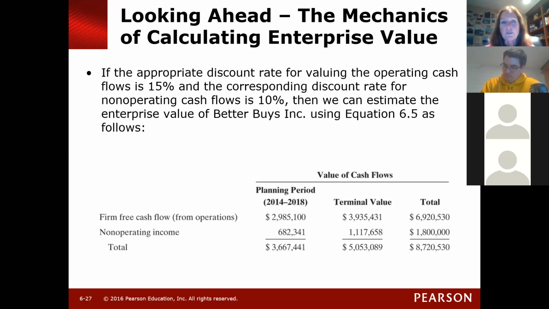It's one of the main reasons we split it out earlier when we're doing our pro formas, is we often have to discount them by different discount rates. And so if we did this problem, we would take these cash flows and discount at 15%, these cash flows and discount at 15%, and then these cash flows would be discounted at 10%. We would have to put them on the timeline so we make sure that we discount at the appropriate rate.